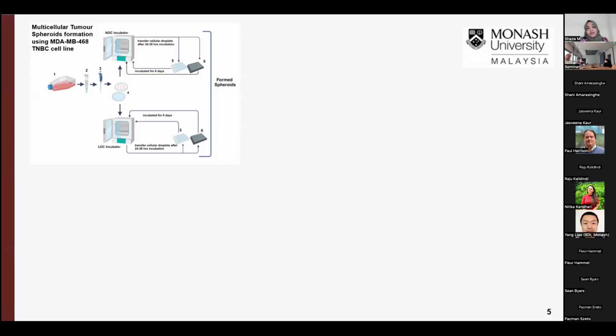Generally, we tried different types of models, but the model we went with is the last one, made with liquid overlay from MDA-MB-468.